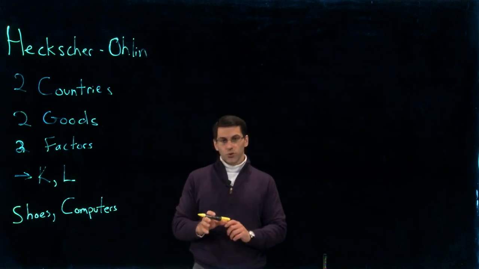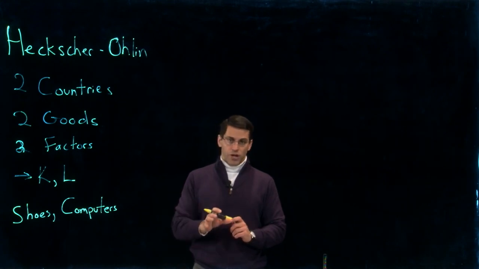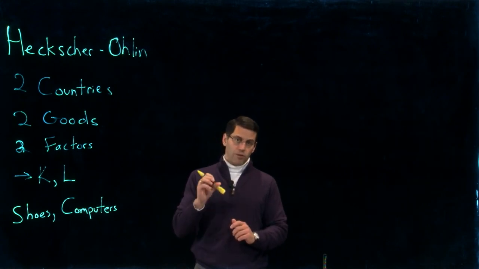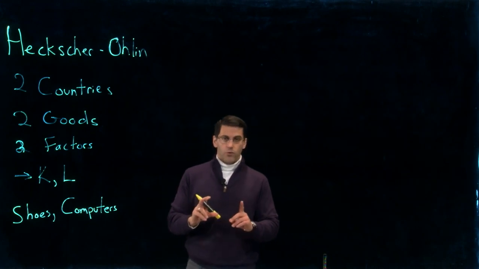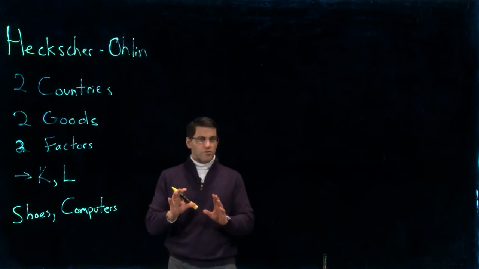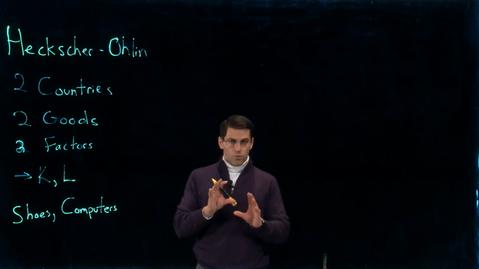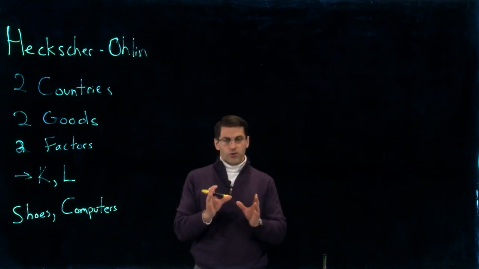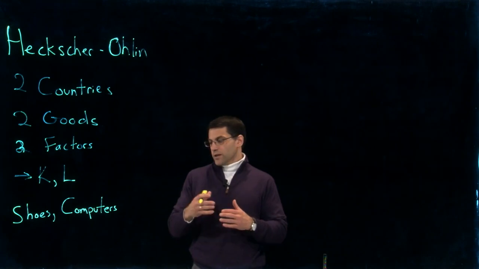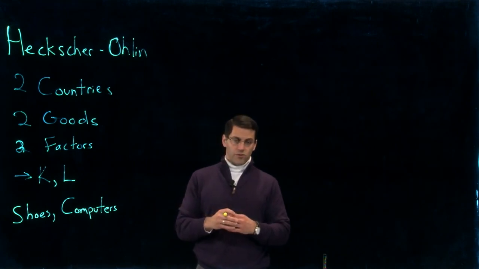So we're going to assume that computer production is capital intensive. And this notion of factor intensity is at the core of understanding the Heckscher-Olin model. So what do we mean by computer production being capital intensive?